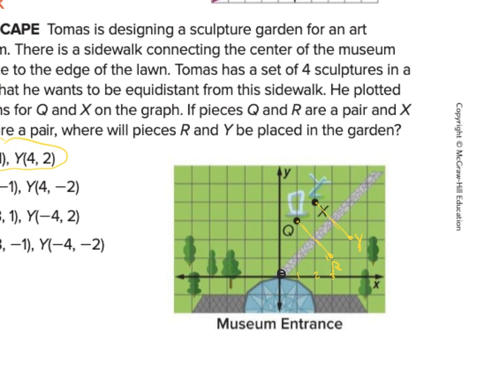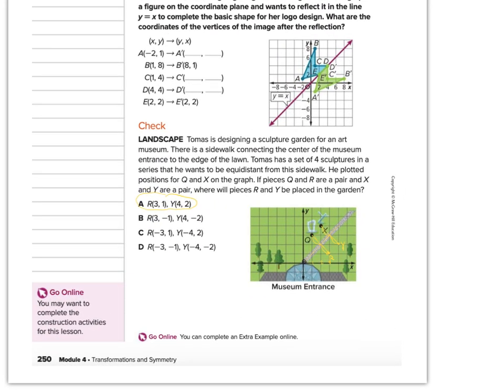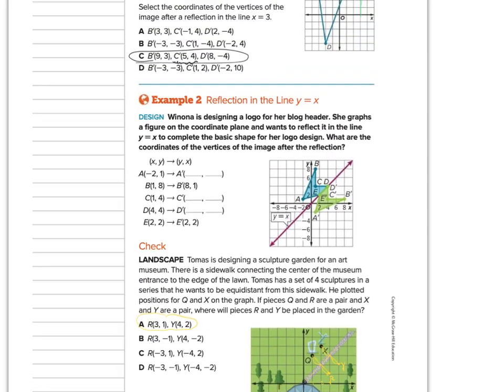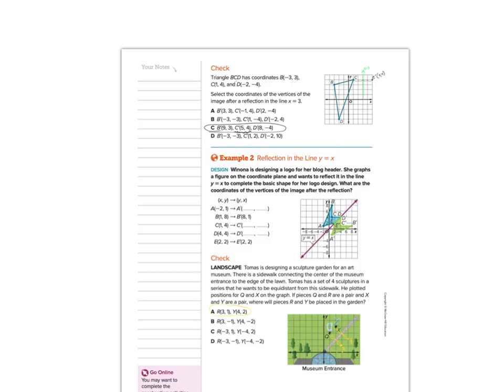So again, just being able to think about, hey, what's going on? I'm equidistant. I traveled one diagonal here, I traveled one diagonal here. Traveled one diagonal here, I traveled one diagonal here. So there you go, using my graphs. So with that, we're going to do a little bit more work on reflections and really focus on being able to identify and graph and understand where our points are moving.